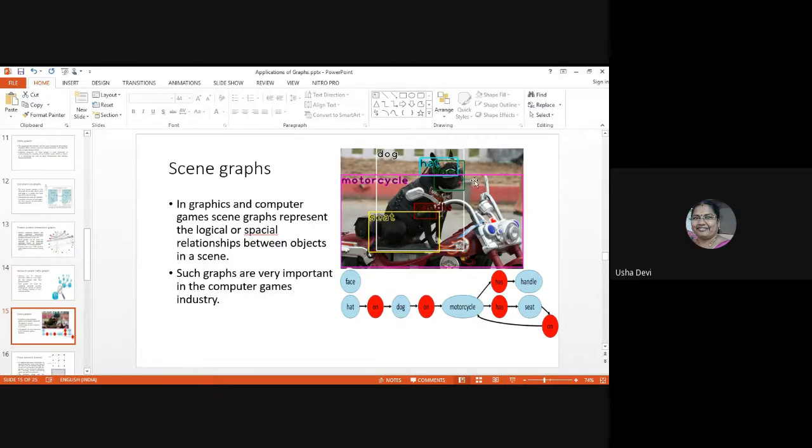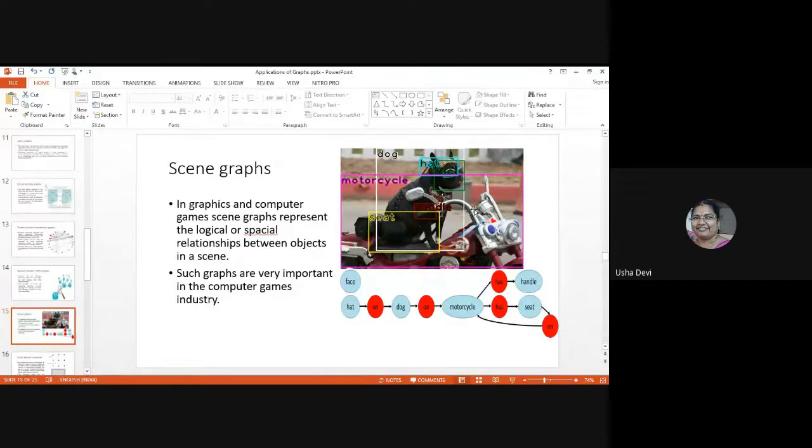Just see here, there are so many components in a particular computer game. There may be a motorcycle, a hat, some animal sitting over here, a seat, and so on.